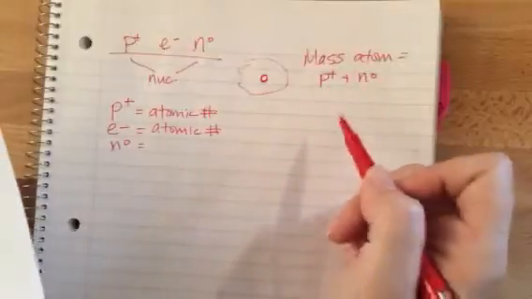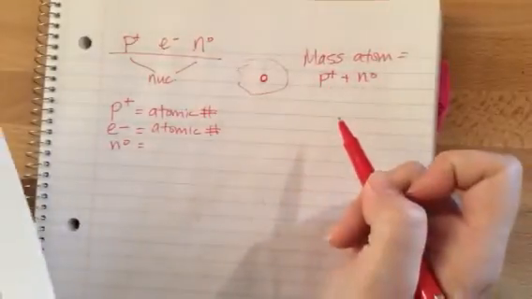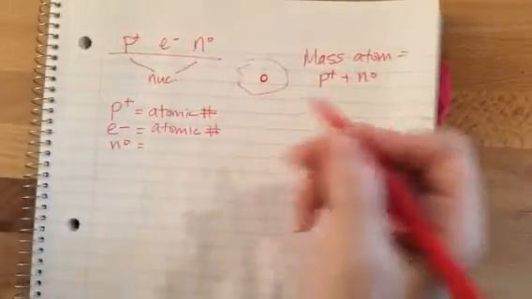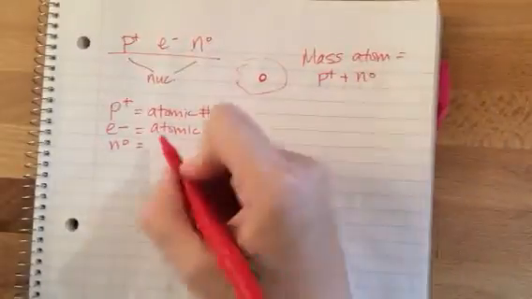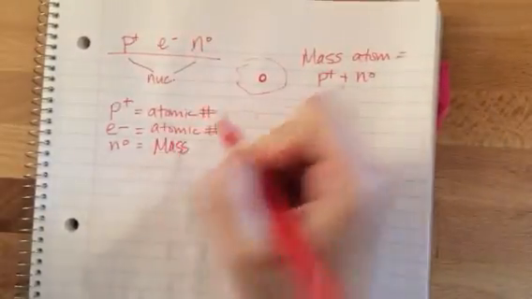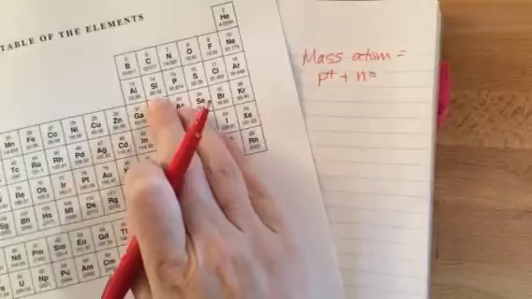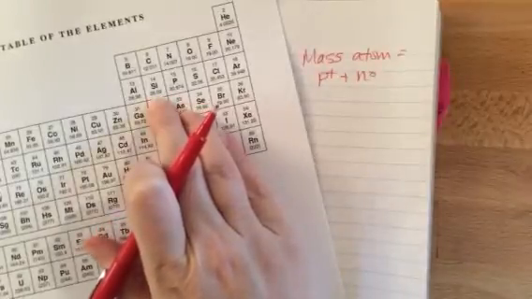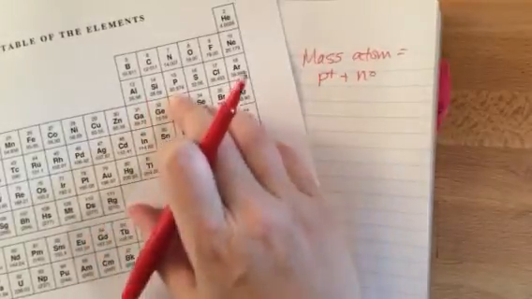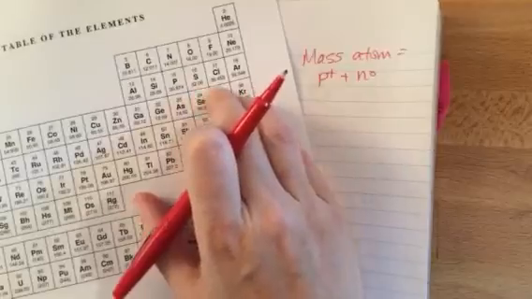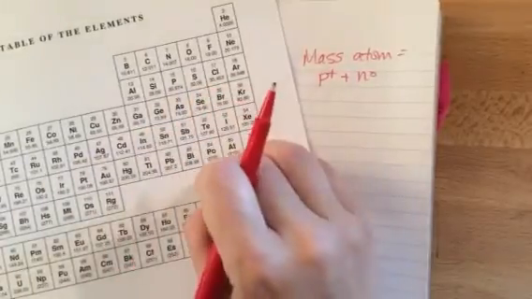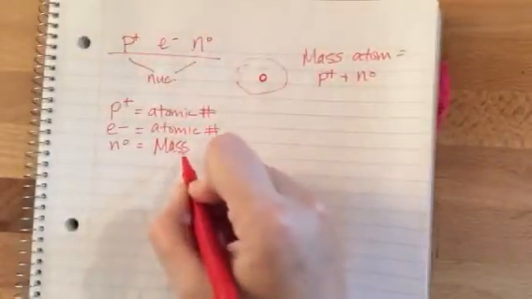They have to be whole numbers. You can't have 0.25 of a proton. So take your mass and round it to the nearest whole number. Silicon is going to become 28, phosphorus is 31, sulfur is 32, chlorine's 35, and so on. So we're going to take the mass and round it.